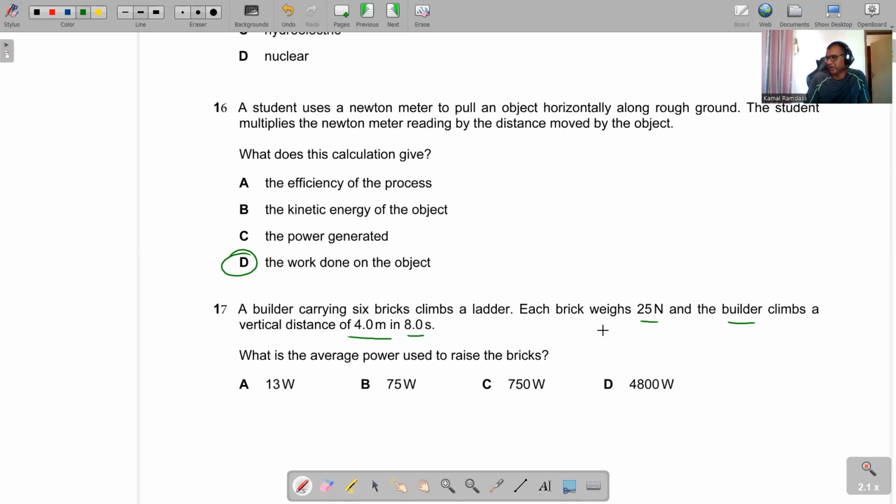Déjà, potential energy per brick est égal à 25 multiplié par 4. 6 bricks total, potential energy the builder has spent to climb, c'est 25 fois 4 fois 6 est égal à 600 joules. And the power is equal to 600 divisé par 8 est égal à 75 watts. Power developed by the builder.